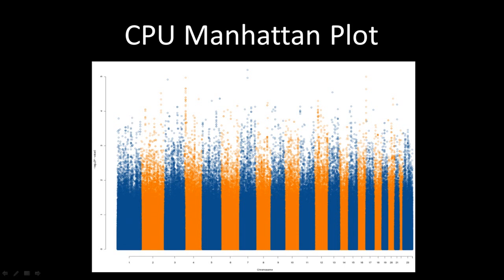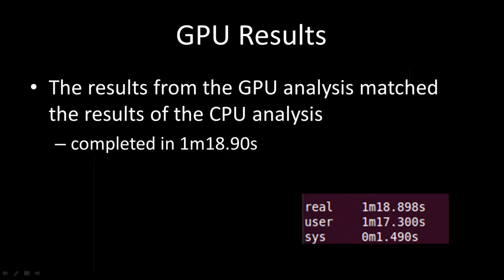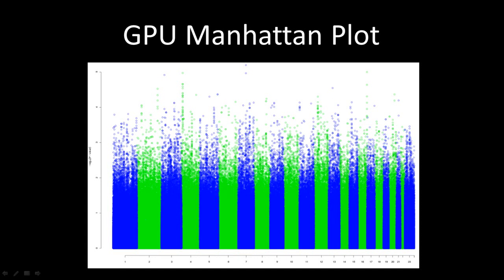It returns a SNP on chromosome 7 as the most significant SNP. The results of the GPU analysis match the results of the CPU analysis. It completed in 1 minute and 18.9 seconds. The Manhattan plot also shows the chromosome 7 SNP as the most significant SNP.